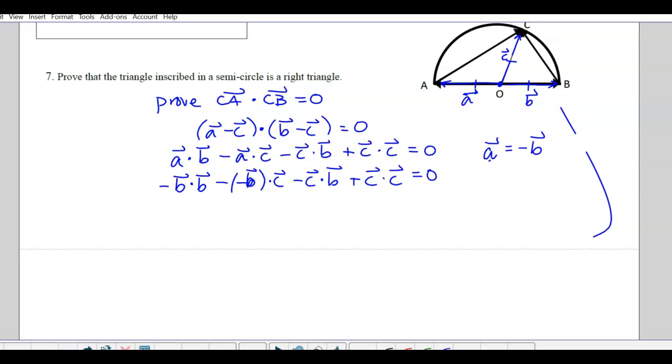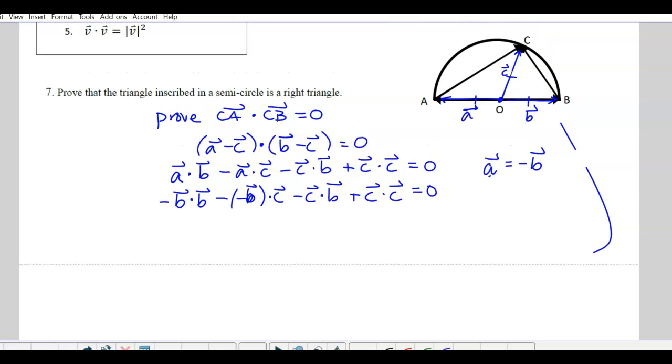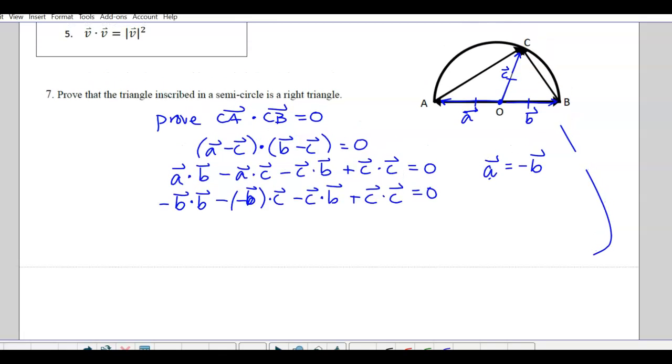Then, some properties back from that chart. If we take the dot product of the same vector with itself, we get the magnitude squared. Okay, so that means c vector dot product with c will give you magnitude of c squared. Same thing with b, okay?